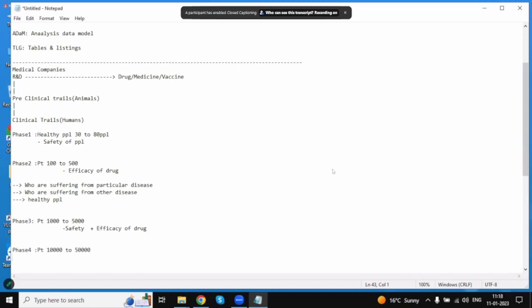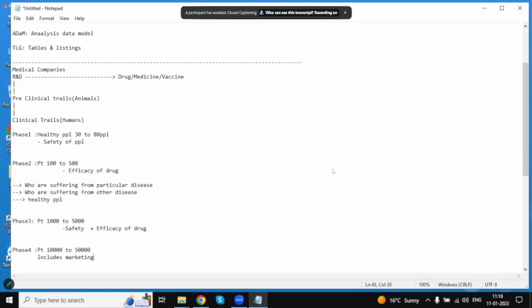But phase 4 is not only about simply testing the drug. It also includes marketing, because once the drug comes to the phase 4 stage, they'll start doing the marketing.